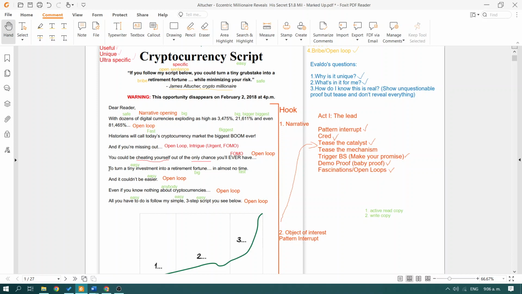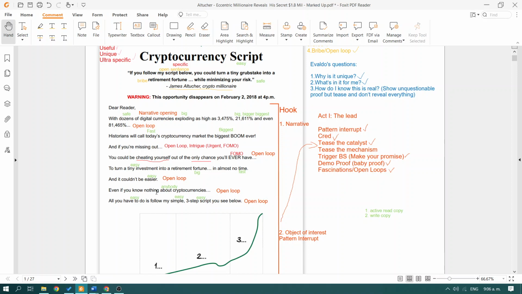And if you're missing out, you could be cheating yourself out of the only chance you'll ever have to turn a tiny investment into a retirement fortune in almost no time. And it couldn't be easier. Even if you don't know anything about cryptocurrencies, all you have to do is follow my simple 3-step script you see below. Right. I take notes.